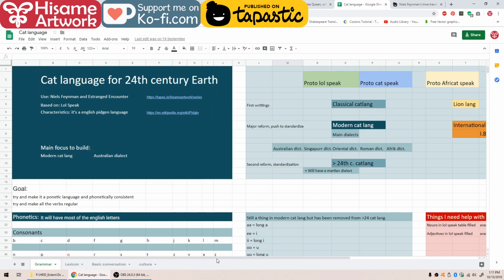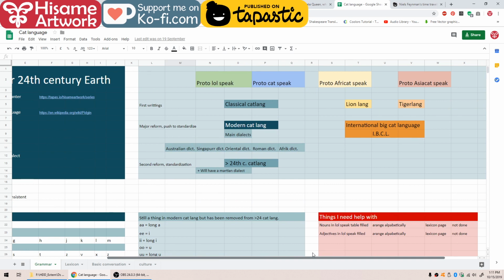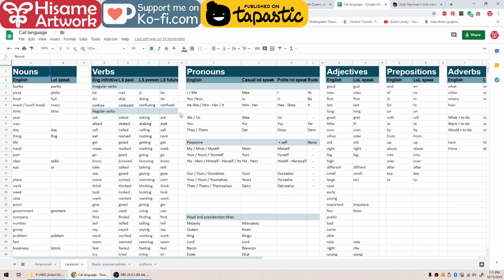Okay, so there are other things there I haven't finished yet, but I hope to soon. I kind of made a tree explanation of how the languages evolved, and I'm also going to have giant tigers with lasers and a whole bunch of other crazy stuff, so still working on that. I've tried to make a lexicon with the pronouns to standardize them, some adjectives, prepositions, adverbs, and nouns and verbs and things like that.